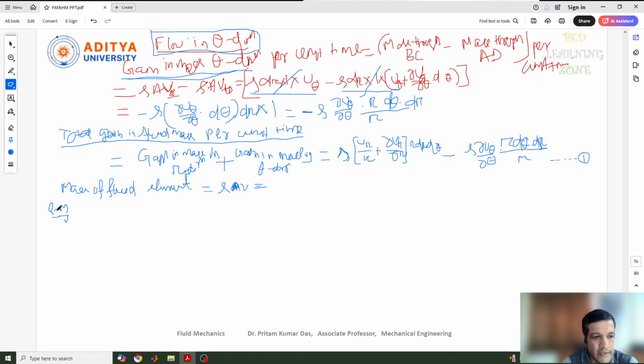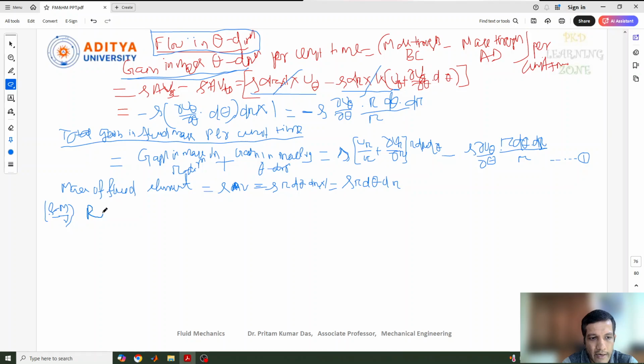So rho will be there, and the volume of this fluid element is nothing but r d theta into dr, the distance traveled, into the unit thickness. So this is nothing but r d theta and dr.